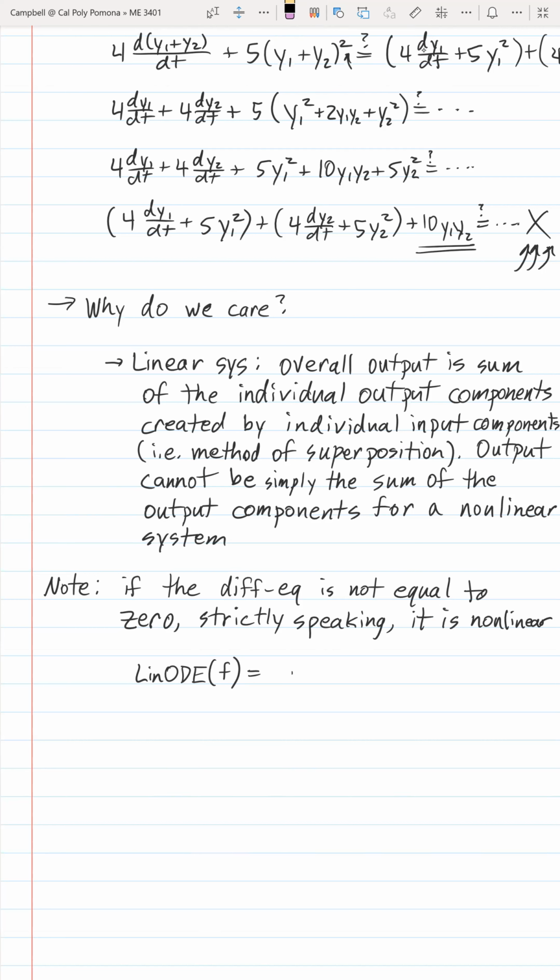And that linear ODE, so whatever's on the left side, so that's going to be our linear ODE, is equal to 0. So it's now homogeneous, if you remember that term. And so let's say that this yields two solutions.